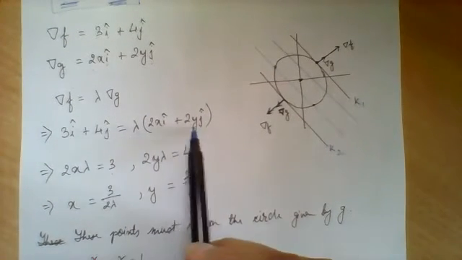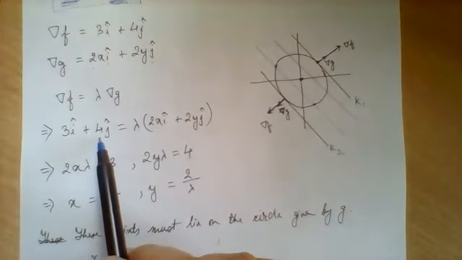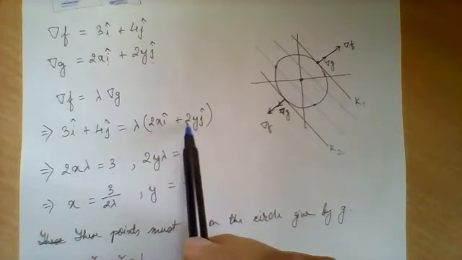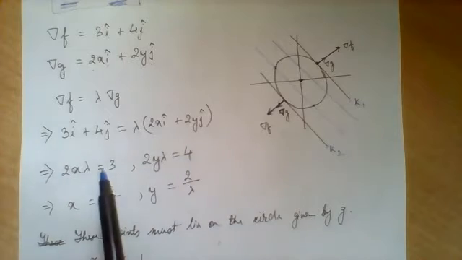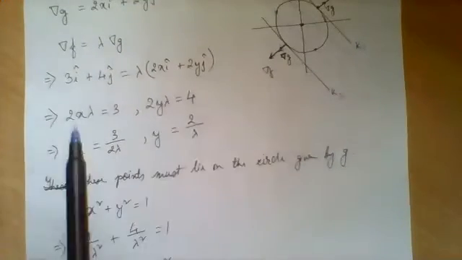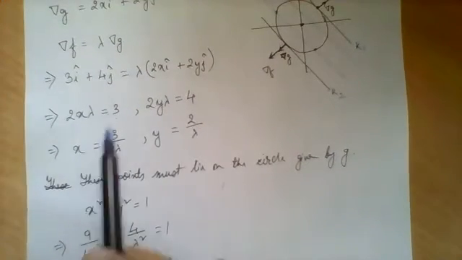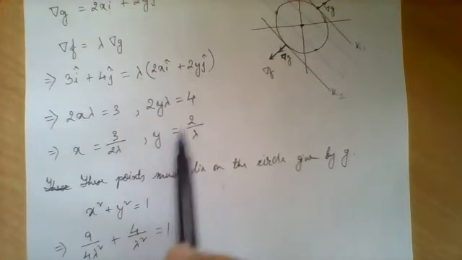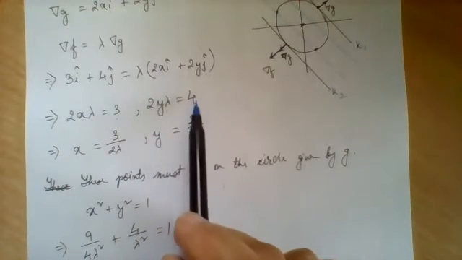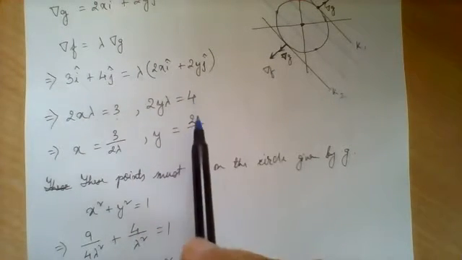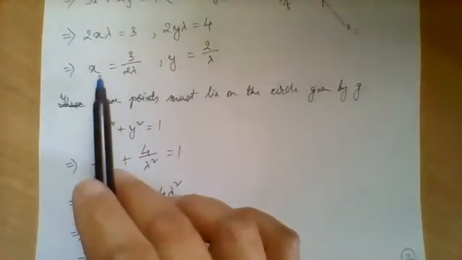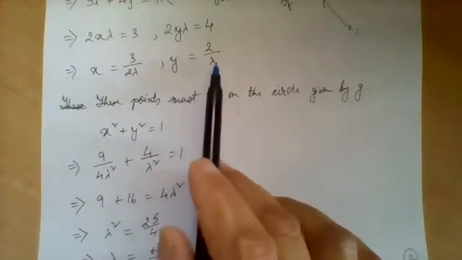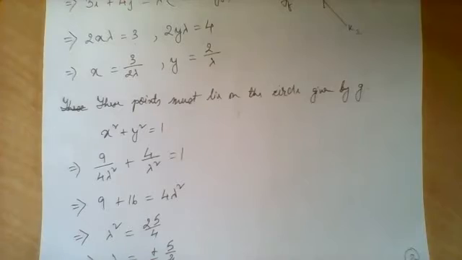Similarly, the y component on the left is 4, and on the right it is 2 lambda y. So 2 lambda y should be equal to 4. From these conditions you can easily solve: x equal to 3 by 2 lambda, y equal to 4 by 2 lambda, which is 2 by lambda. So we have x and y values in terms of lambda.